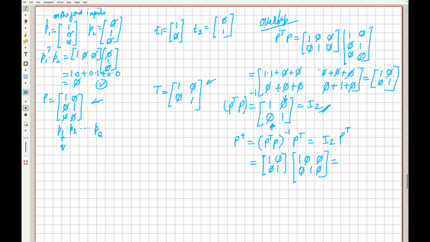If we perform this dot product, 1 times 1 is 1, 0 times 0 is 0, so we get 1, and 1 times 0 is 0, 0 times 1 is 0 again, so this is 0. If you run through this, you get 1 0 0 and 0 1 0.